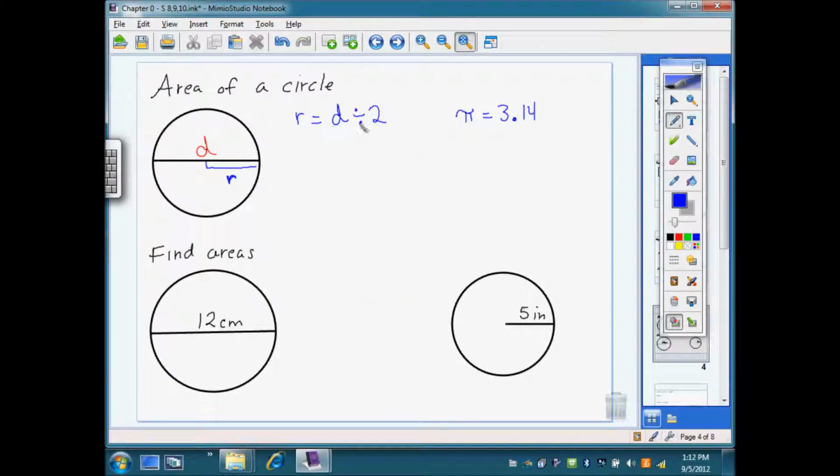Okay, so radius is half of the diameter, and pi is 3.14. So then we get to the area of a circle, pi r squared. Now, sometimes you have mnemonic devices, phrases, words, things of that nature that will help you to remember formulas or order of things.